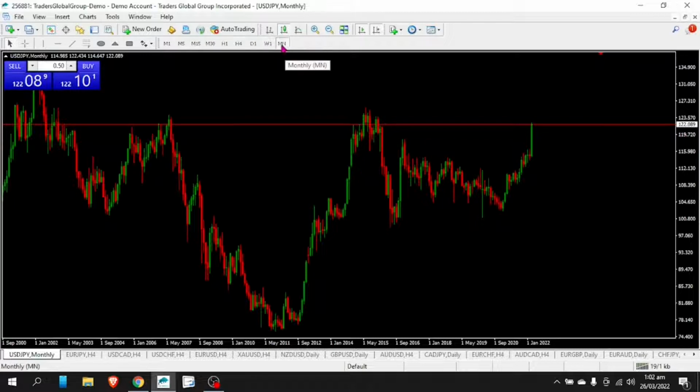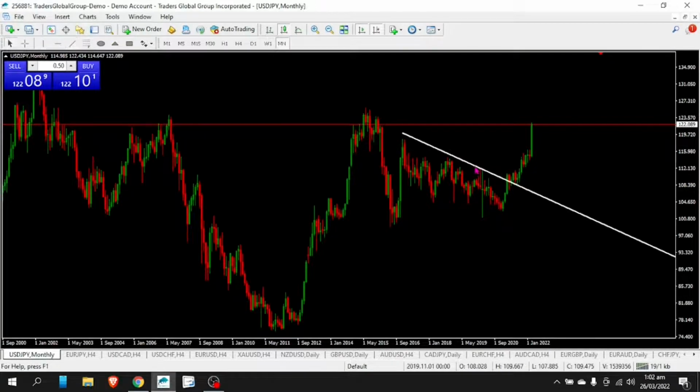These are your time frames, your 1 minute, 5 minute, daily, weekly, monthly time frame. These are the rectangle and the triangle, which you can use to draw your chart patterns, and this is the trend line. You can use this to plot a trend line like this.